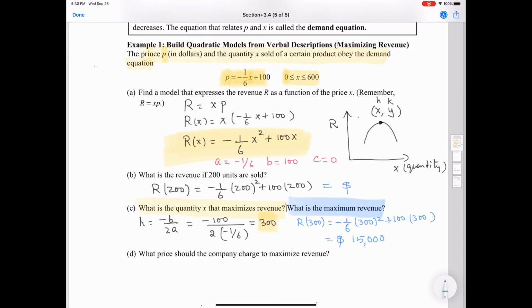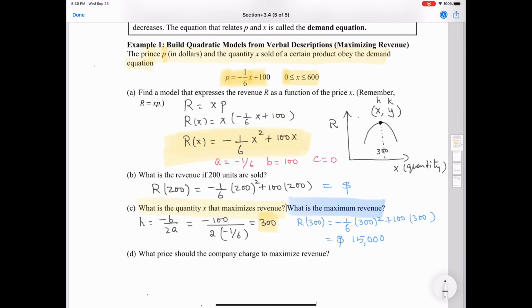The last part of the problem is asking us to find what price the company should charge to maximize revenue. We know that in order for us to have the maximum revenue, the quantity that you need to sell is 300, the x value.